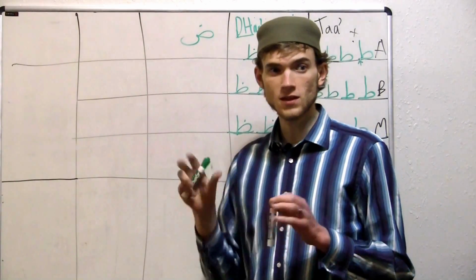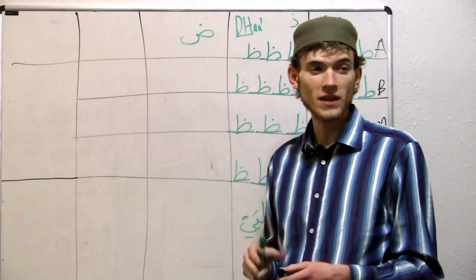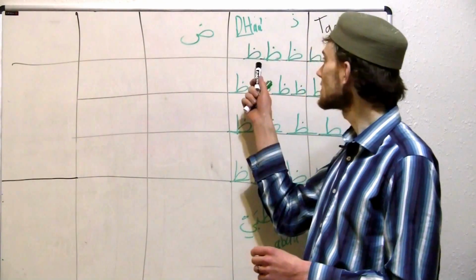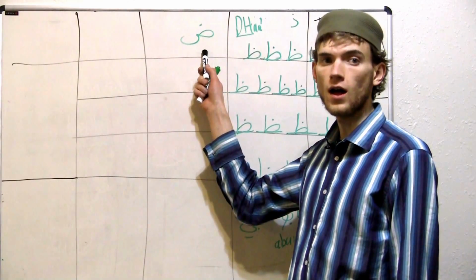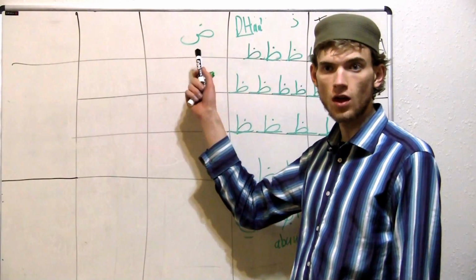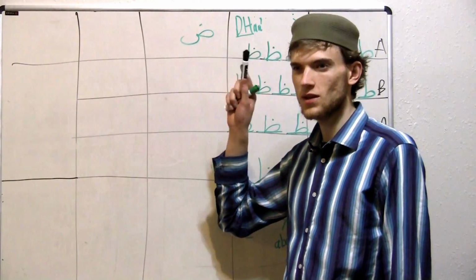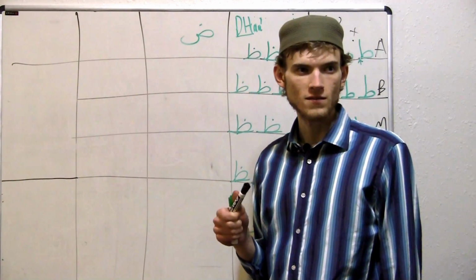Sometimes native Arabic speakers pronounce these similarly, either both of them like ba, or sometimes both of them like za, or both of them like va. Whereas this is va, and this is da. Closer to an English D than anything else, right?